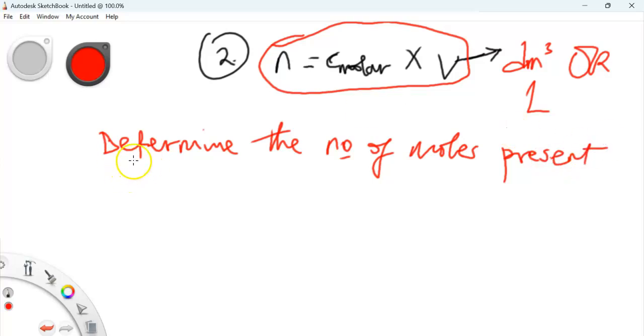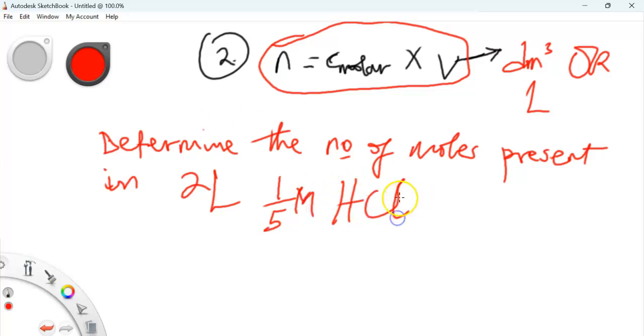Determine the number of moles present in 2 liter of 1/5 molar HCl. Okay, we are given something like this.